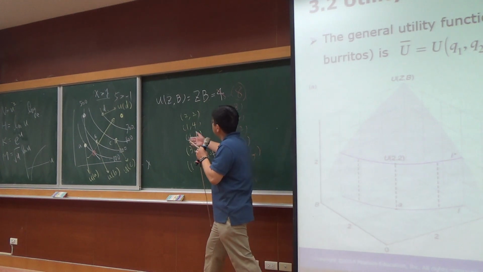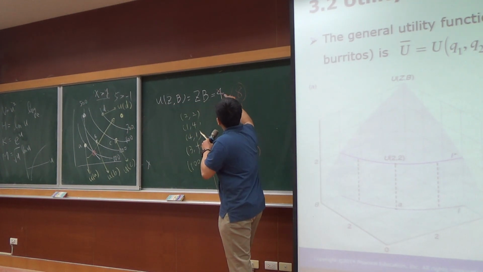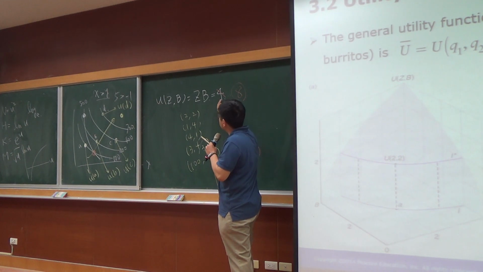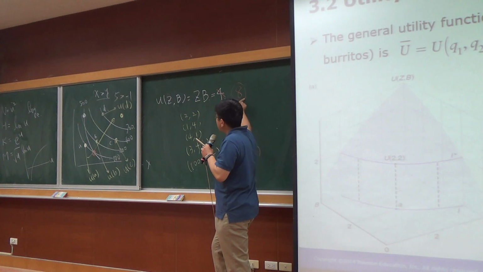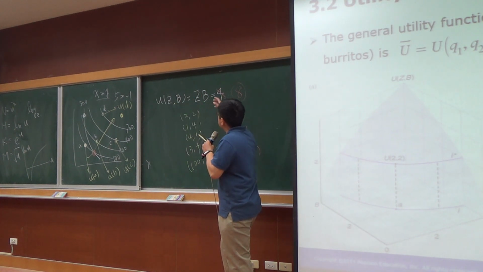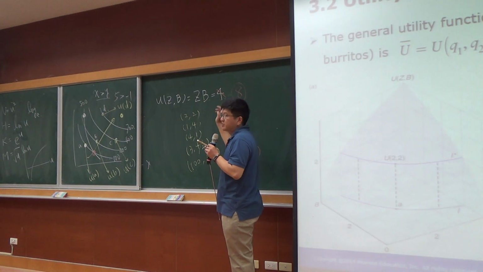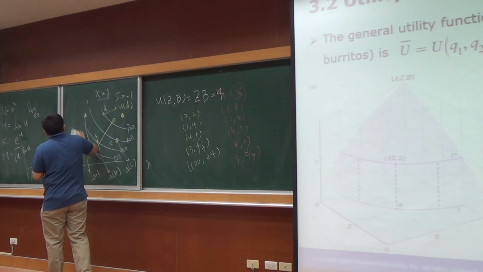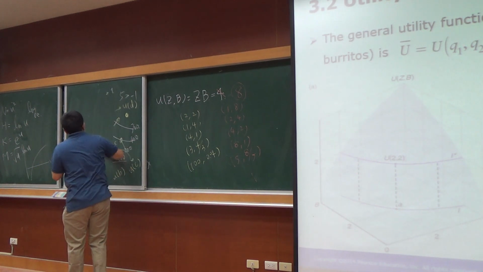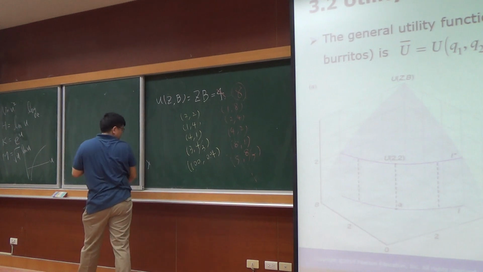So you make a function equalize to a fixed number, either be it 4 or 8, to a specific number. So we may capture the idea of indifference curve using this logic.